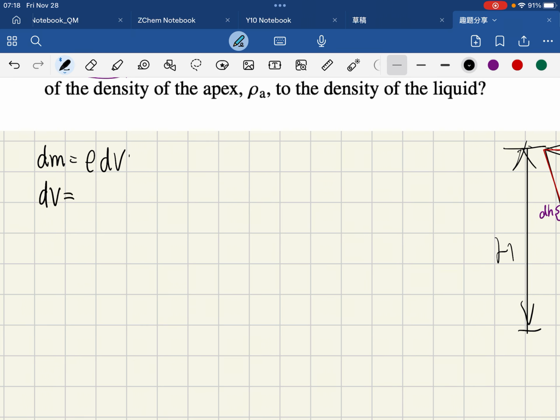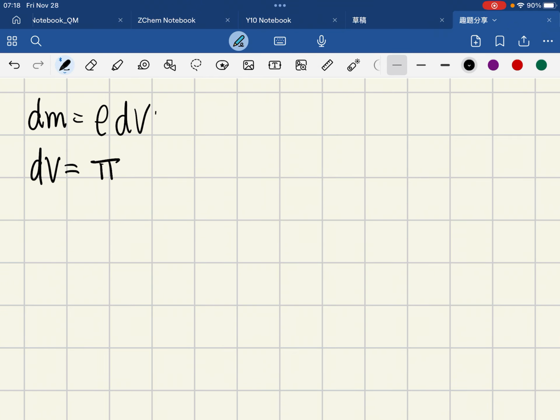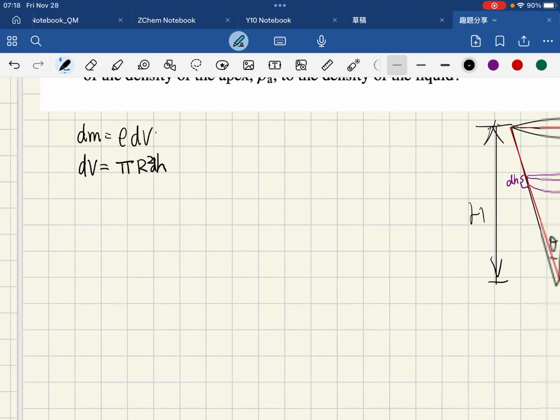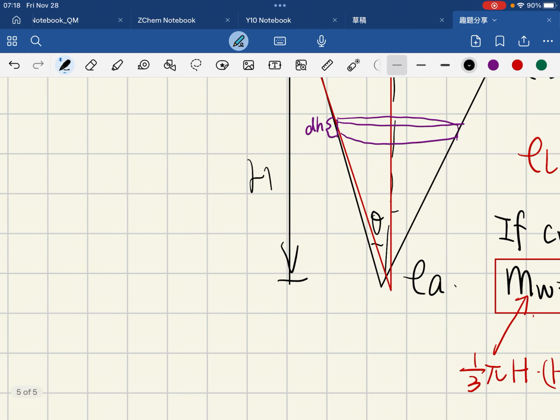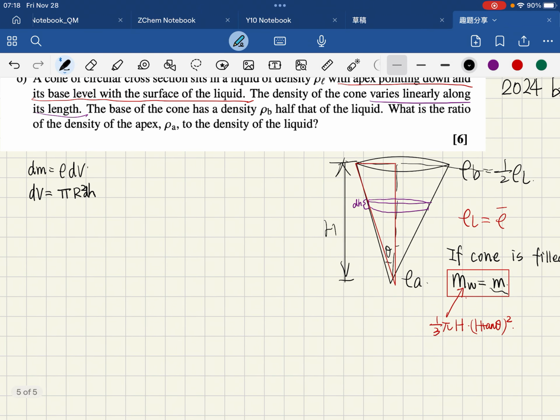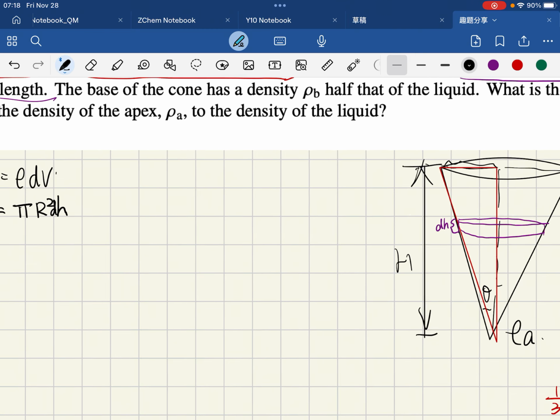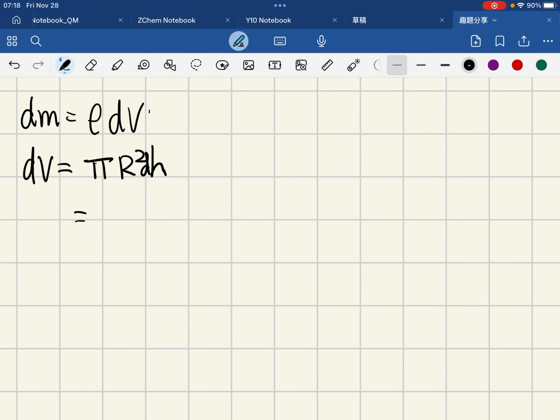First, let's find out what dV is. dV is the volume of the small cylinder. It is pi r squared dh. Similar to calculating the big R here, the r here is small h times tangent theta.